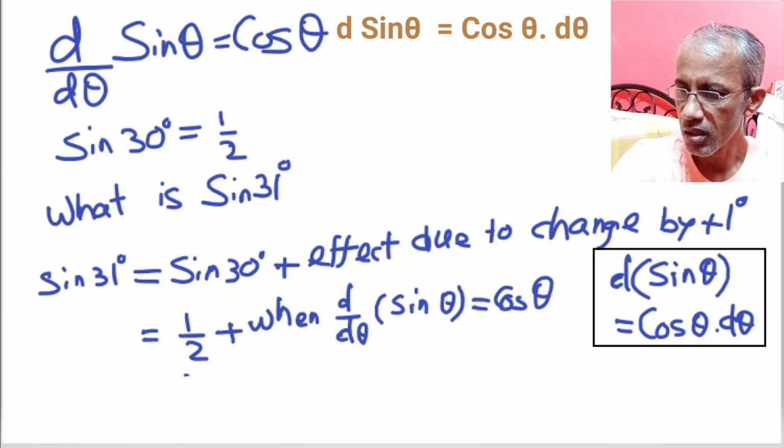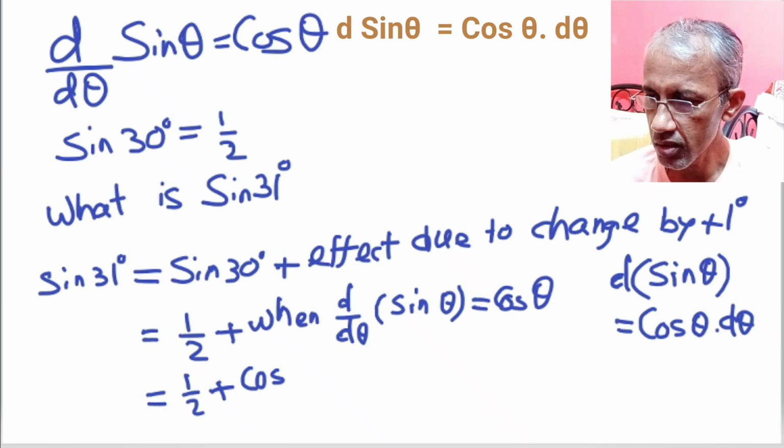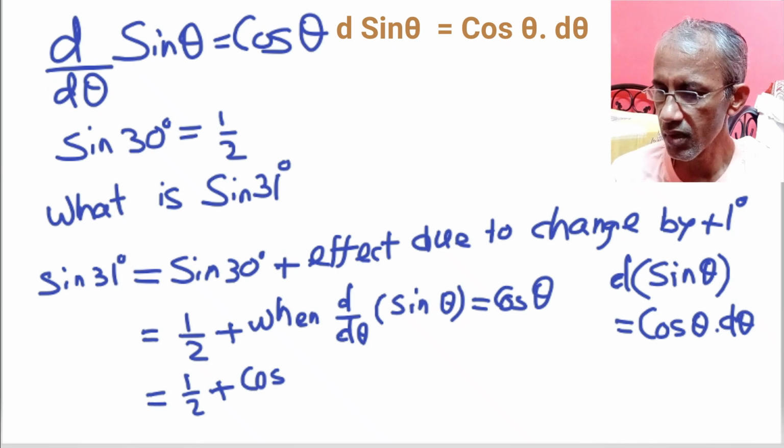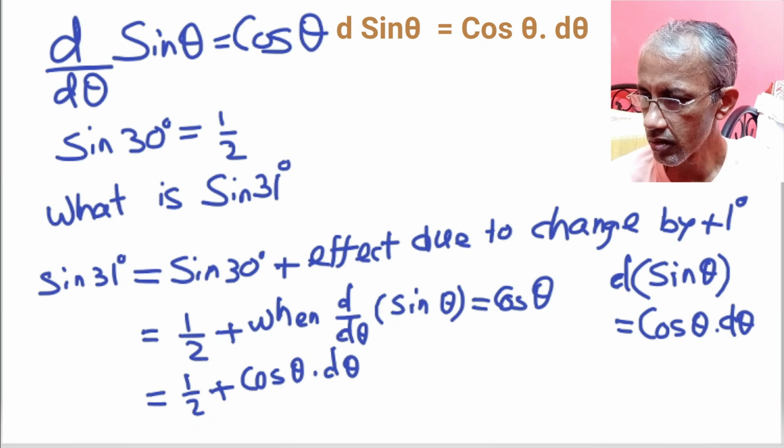That means d sine theta is equal to cos theta d theta, so it is equal to half plus the effect of change of angle, that is d sine theta, which is equal to cos theta d theta. And we have to keep in mind that the cos theta in this case is for 30 degrees, and d theta is the change in the angle, that is plus 1 degree.